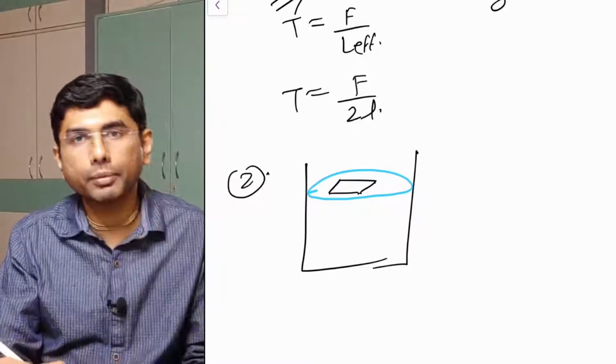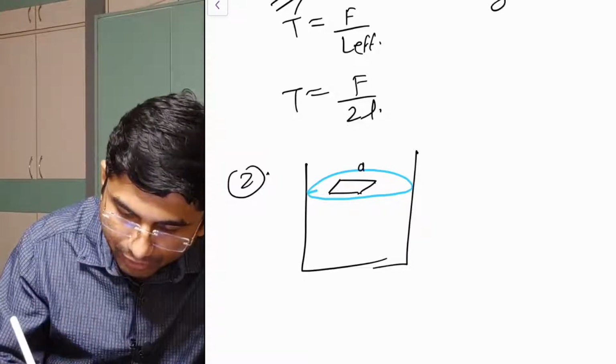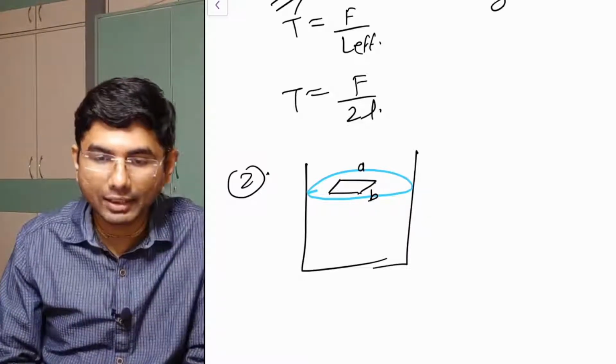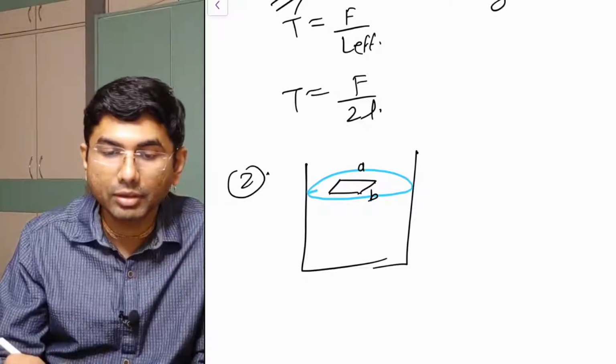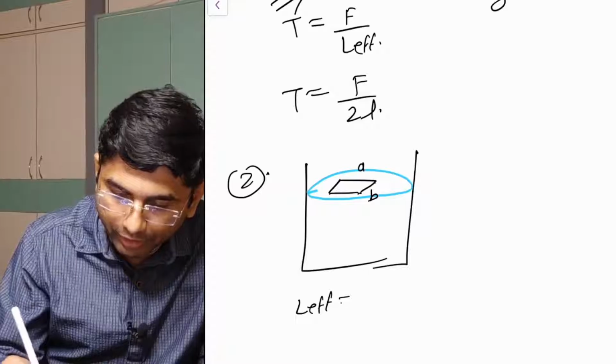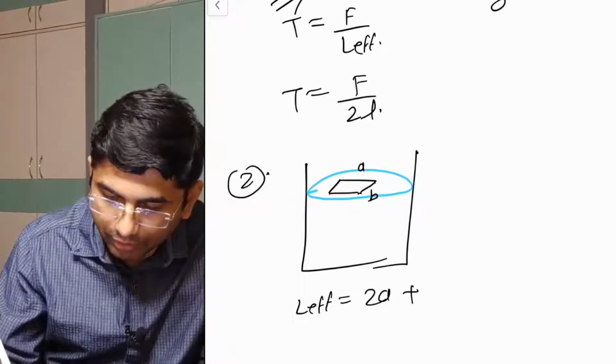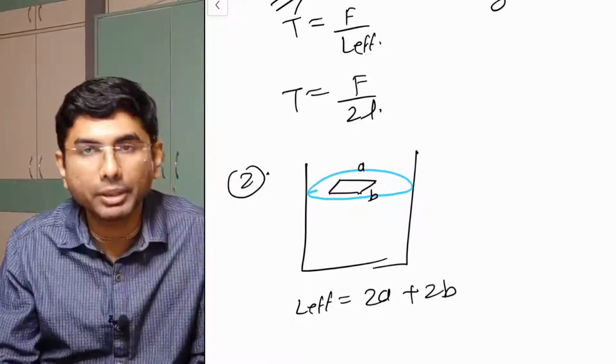This rectangular frame has one side A and another side B. If they ask me how much will be the effective length, the effective length will be 2 times A plus 2 times B. That will be the effective length.